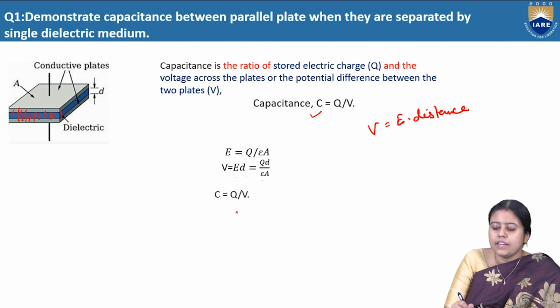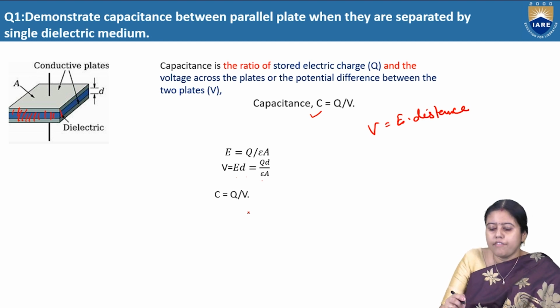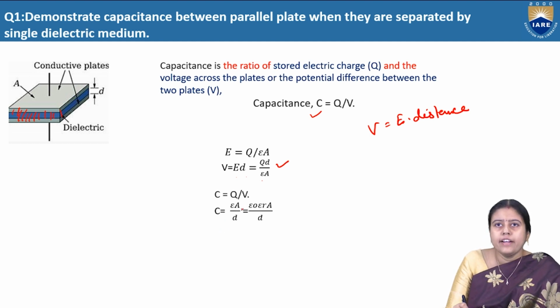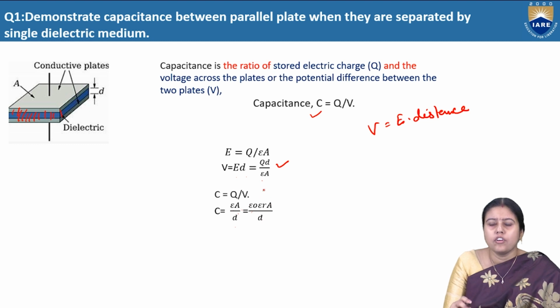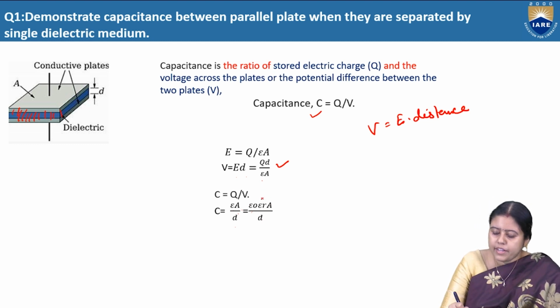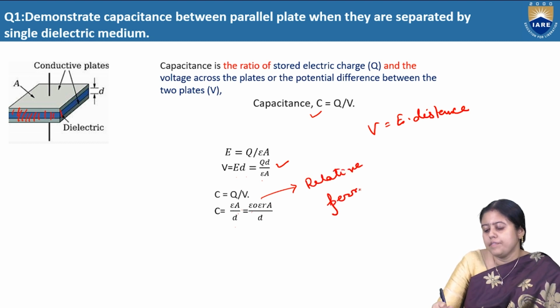Capacitance is Q by V. Putting the value of Q by V, we get capacitance C equal to epsilon A by d. Here epsilon is epsilon naught into epsilon R, so C is epsilon naught epsilon R A by d, where epsilon naught is the permittivity of free space and epsilon R is the relative permittivity.